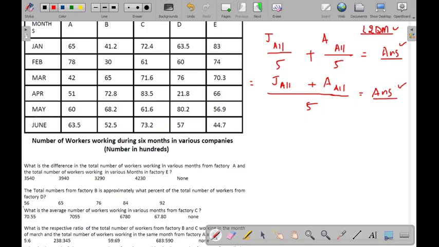Let us now take the last of Jan all. The last two digits of Jan all, I feel now it is okay. You understand that this is 6500. This is 441.2 into 100, so this is 4120. This is 7240, 350, and this is 8300.